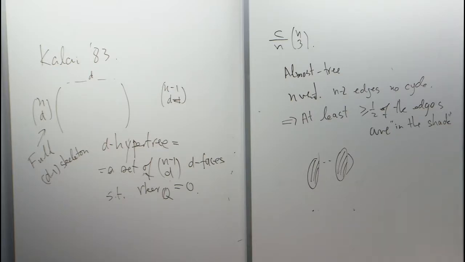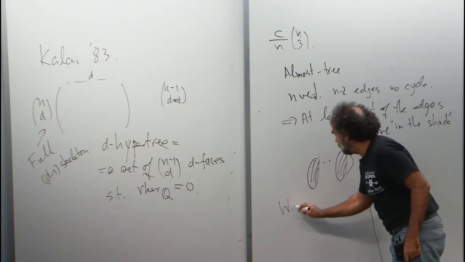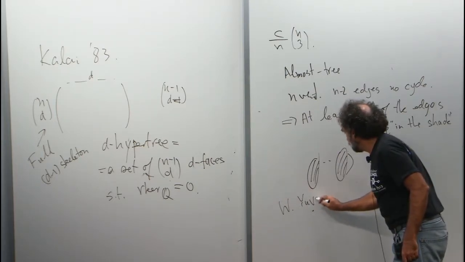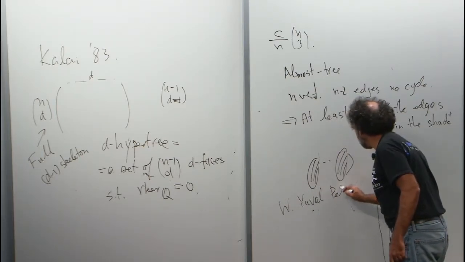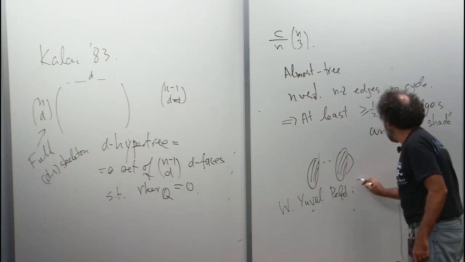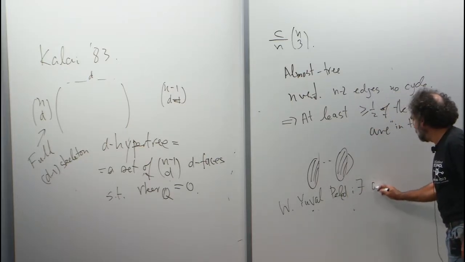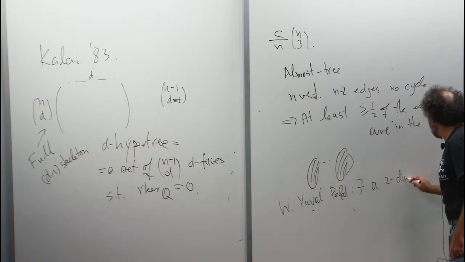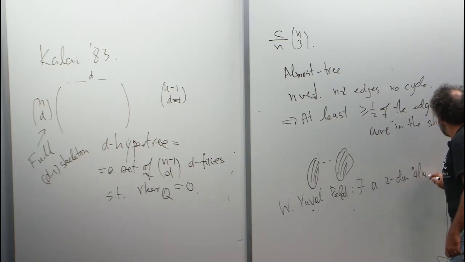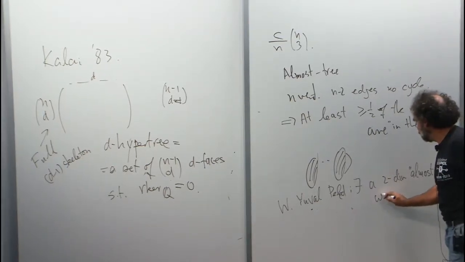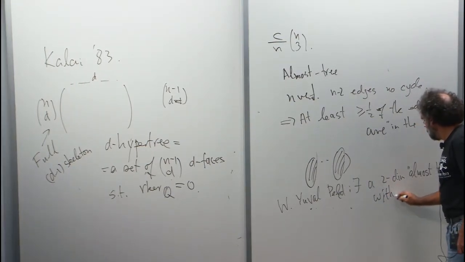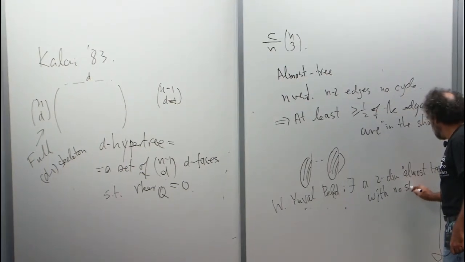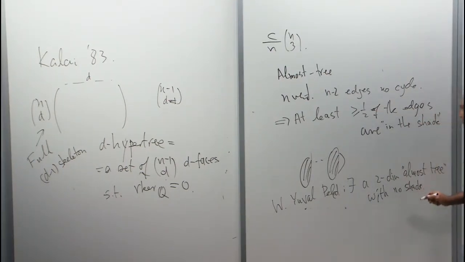Okay. In contrast, with Yuval Peled, there exists a two-dimensional almost tree with no shade, zero shade. So what does this mean? It's a two-dimensional simplicial complex.